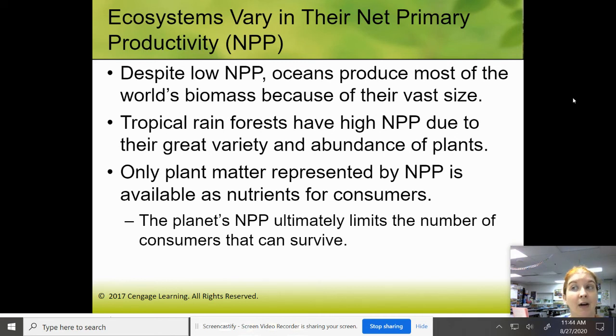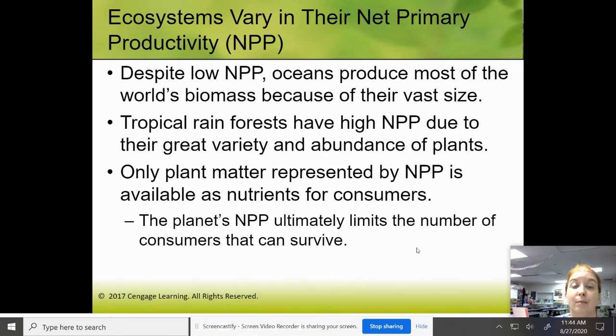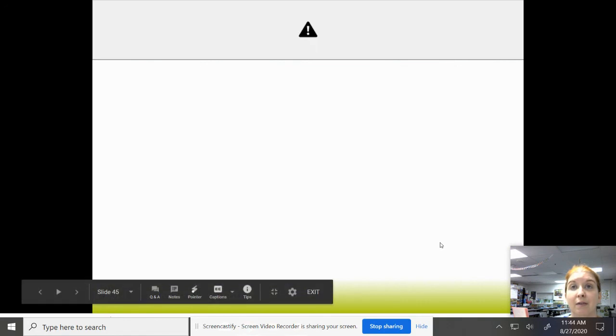Tropical rainforests tend to have high net primary productivity due to how many different kinds of plants they have. Only plant matter that is represented by the net primary productivity is available as nutrients for consumers. So the planet's net primary productivity ultimately limits the number of consumers that can survive. There's a magic number of animals and species that can be supported by this planet due to our planet's net primary productivity. Nice and quick and easy, and we're done with Section 3 of notes.